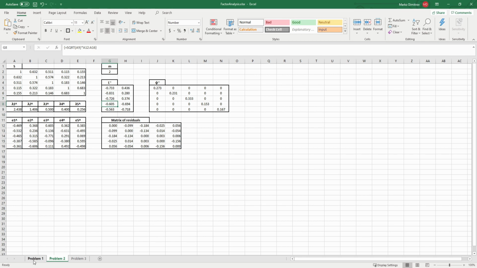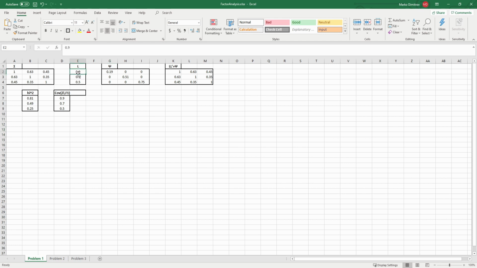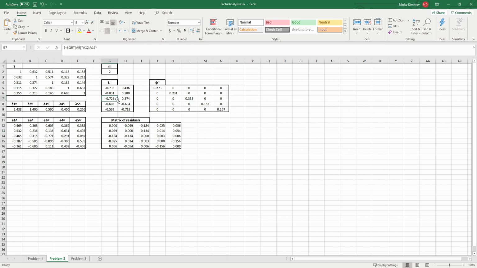In the first example it was simple because we had only L11, L21, and L31. Here we have two, so it is a little bit more complicated still. Nothing special. So this is how we get our loadings matrix. And in the end it's easy to compute the residuals, so the matrix of residuals.